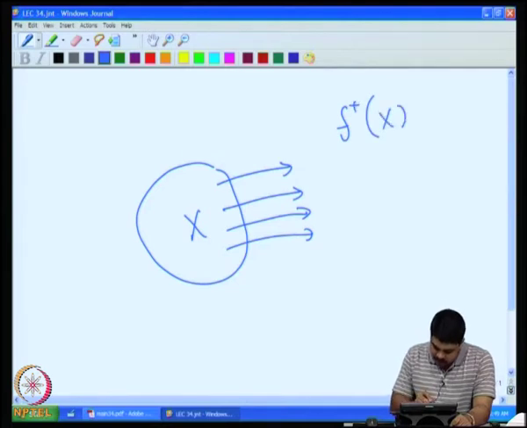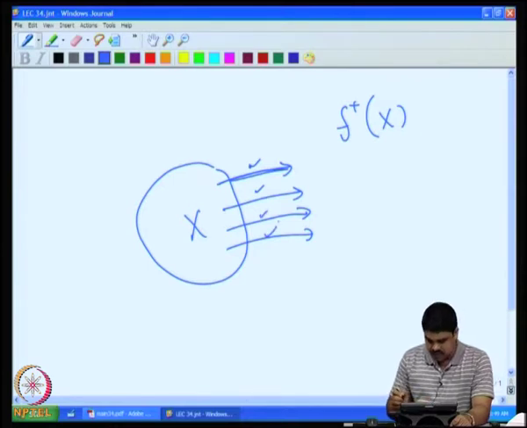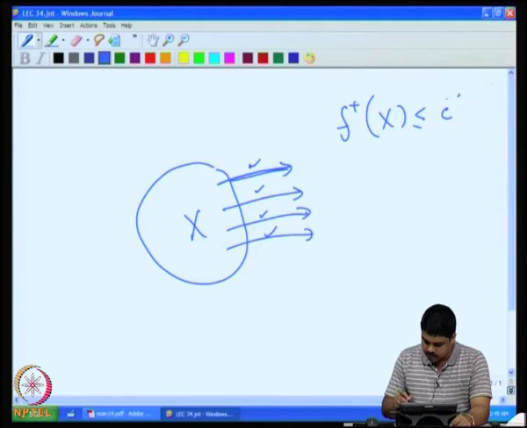That means the value of the flows on the outgoing arcs has to be less than or equal to definitely C of X. This is the C plus of X, right.